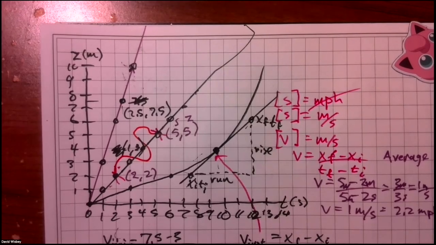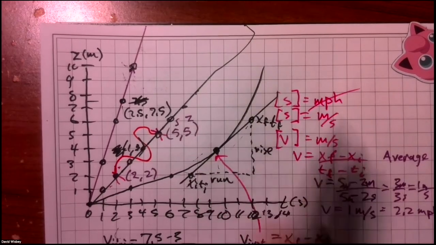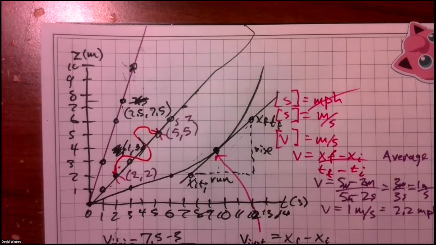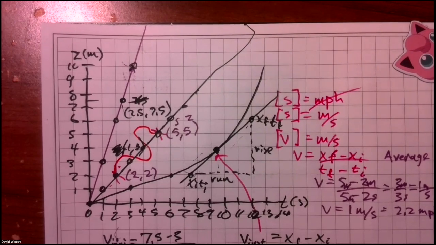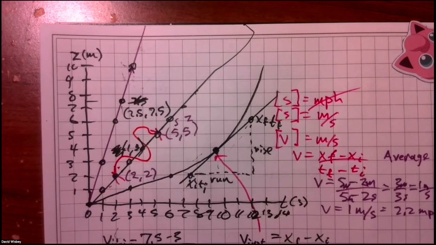So it would be almost 1 meter per second. That makes sense, since this line is almost parallel to the 1 meter per second line but not quite as steep, so it should be a little less. So 4 divided by 4.5 gives a velocity of 0.8889 meters per second.